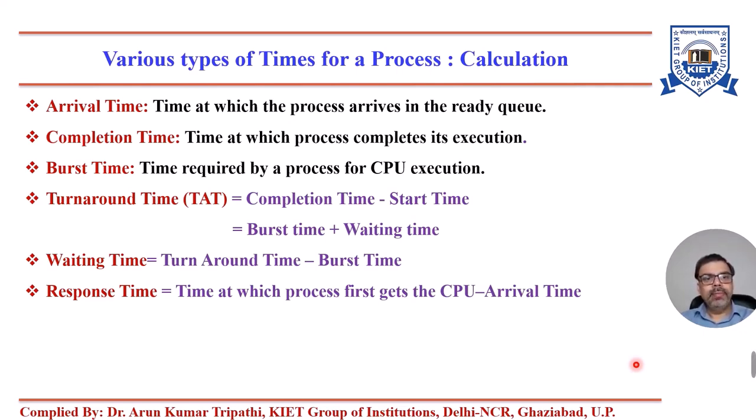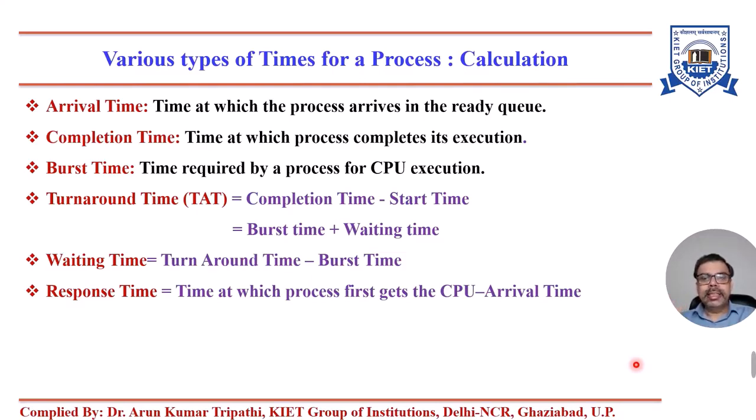Similarly, waiting time. Waiting time is defined as turnaround time minus burst time. For example, a process completes after 10 seconds and it is executed by the processor only for 4 seconds.